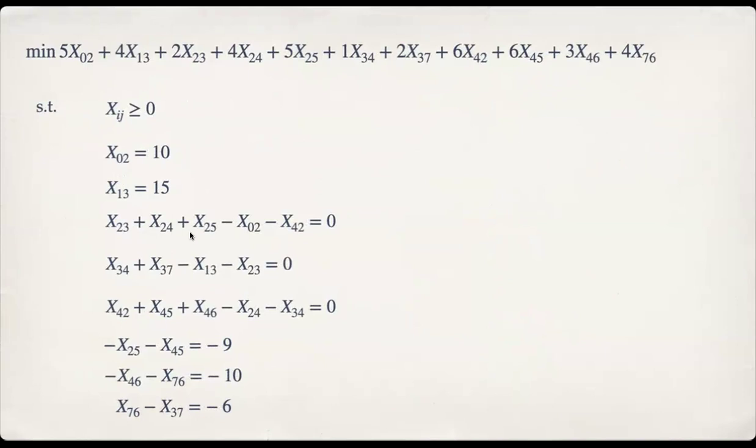For node 2, the outgoing flow from node 2 subtracted by the incoming flow to node 2 must be 0. Then you consider all of these constraints.